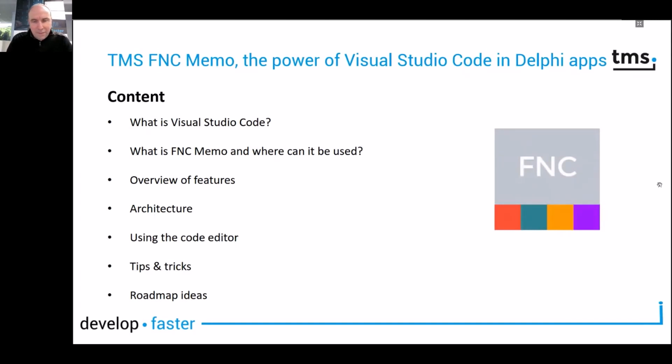We'll cover what FNC Memo specifically is, where it can be used, and what kind of features and functionality is available. We are also going to touch on the architecture of the FNC Memo, and then the major part of this webinar will be showing all kinds of capabilities, but also technical things about FNC Memo, with code examples. And we'll finish this webinar with a roadmap for next versions of the FNC Memo.